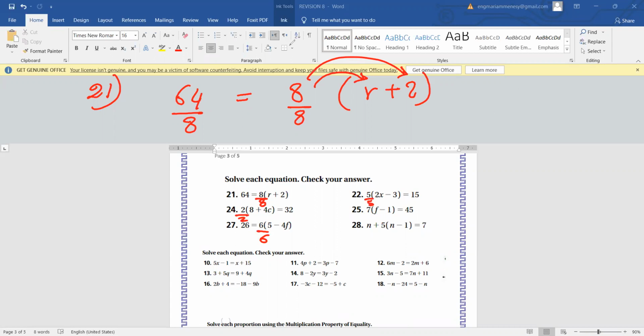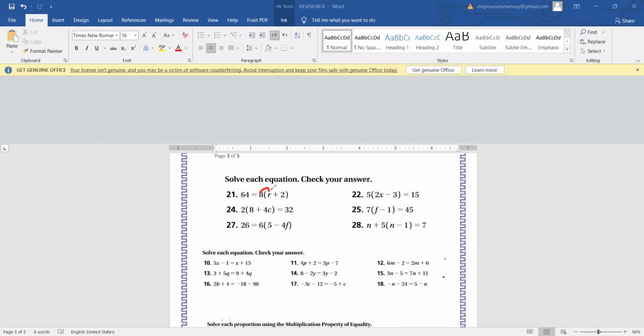Or second solution, multiply 8 here and 8 here, then solve. Which is better for you? Multiply first, then solve, or divide first, then solve? Which is easier? No one answers?